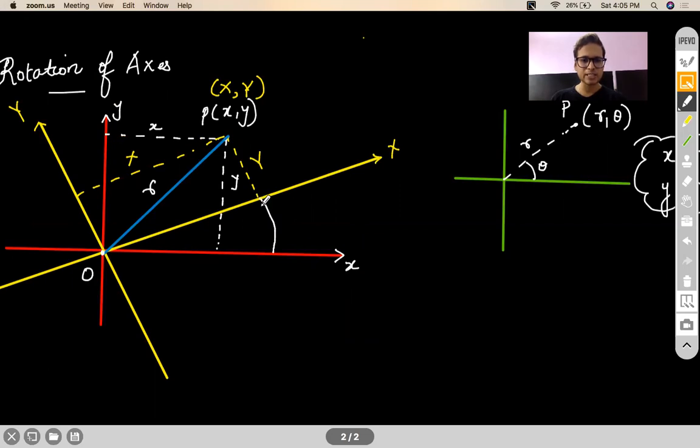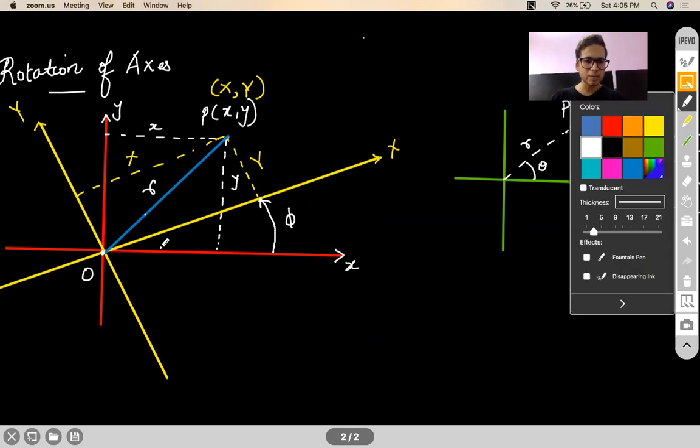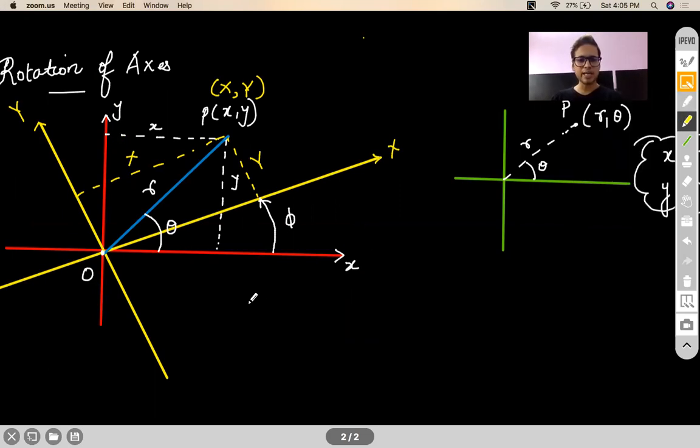Okay, let's say I rotate this by an angle of phi, and let's say initially this angle was theta. So we all know that our x coordinate would be r cos theta and y coordinate will be r sin theta, correct? Now when the coordinate axes are rotated, what will be this angle?